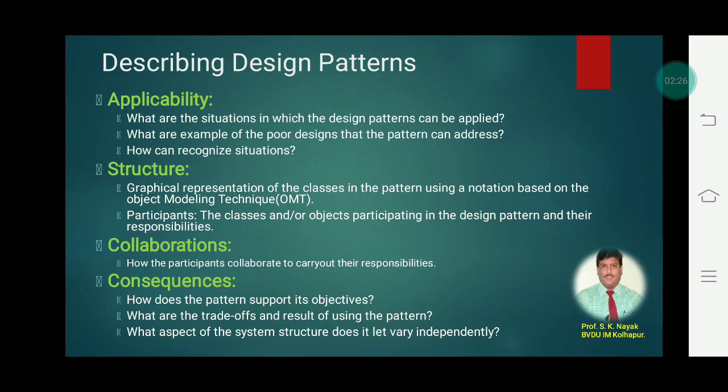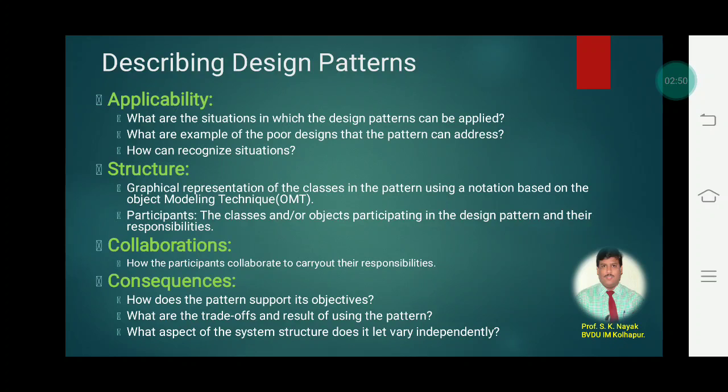Next, to describe a design pattern, it must have the feature of applicability. That means, what are the situations in which the design pattern can be applied? What are the examples of poor design that patterns can address? How can we recognize the situations? Now, this is about the applicability of design patterns.